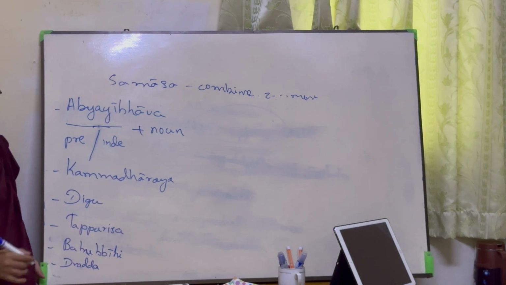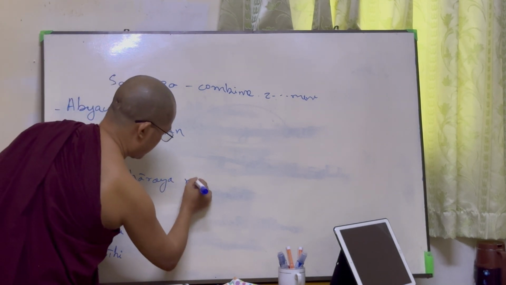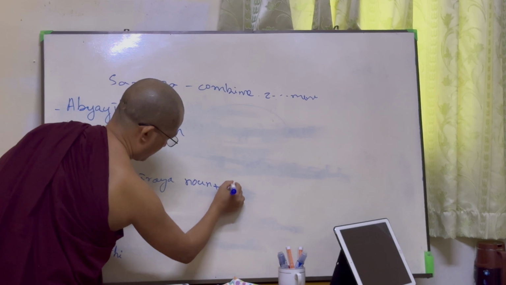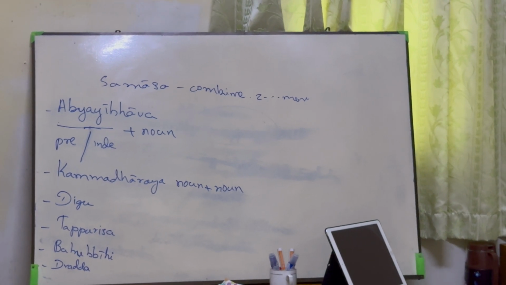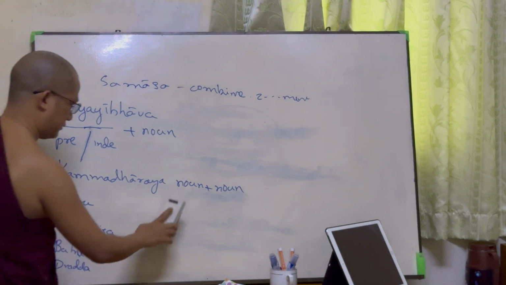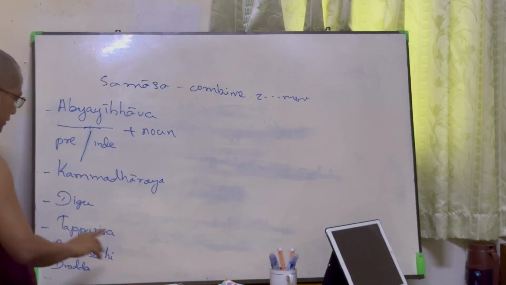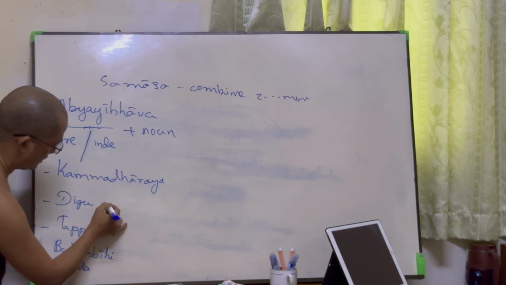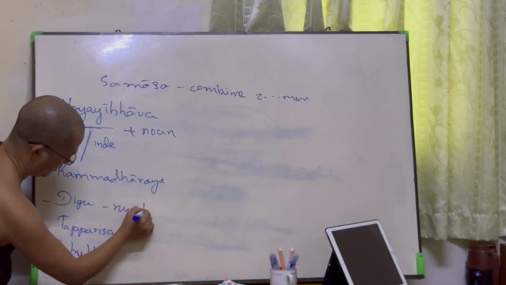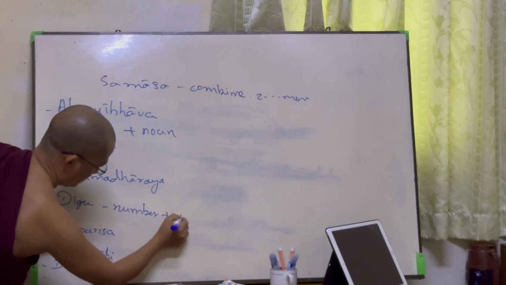Kamma Dharaya Samāsa is mostly noun plus noun. Digu is number plus noun.